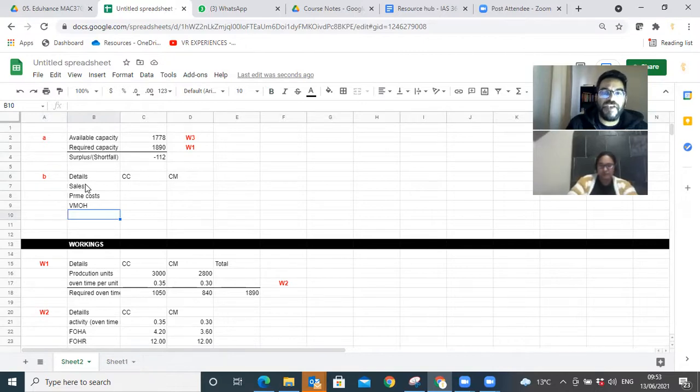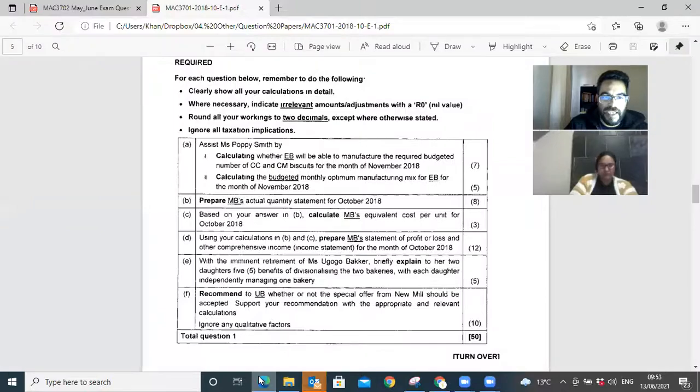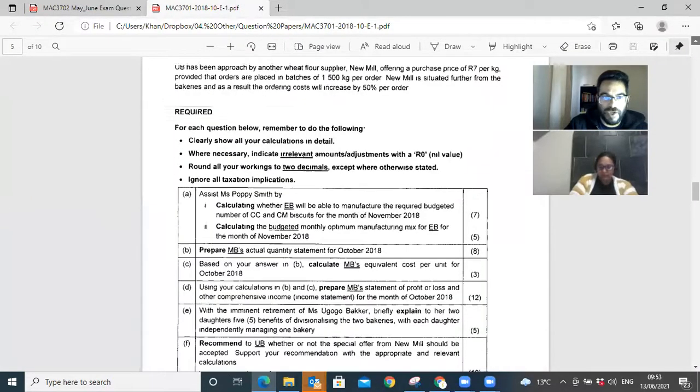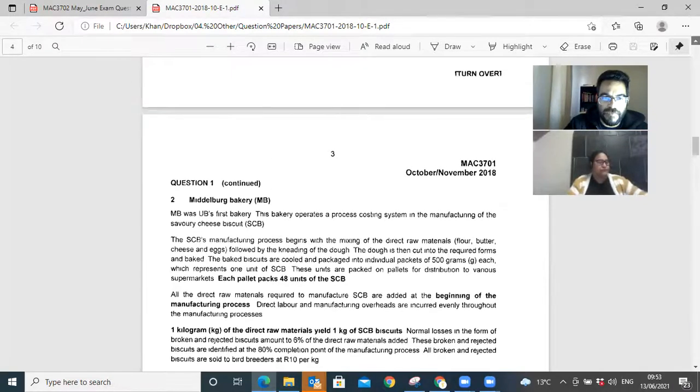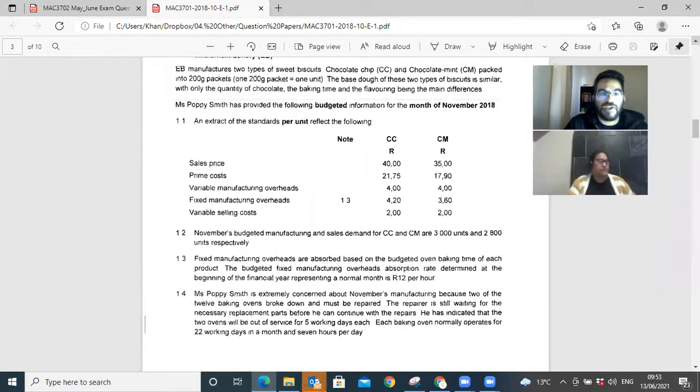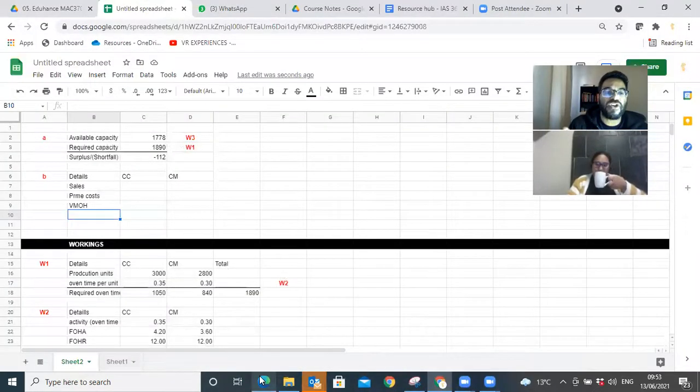Your total variable cost includes both manufacturing variable costs as well as non-manufacturing variable costs. Remember, there was a variable selling cost, let me just check. Yes, there's a variable selling cost. We must bring that in also because we're working at contribution margin, which is sales minus total variable cost, manufacturing as well as non-manufacturing.